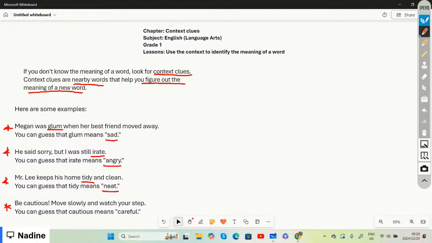If we look at the word cautious, what do we think the word cautious means? What do you think the word cautious means?